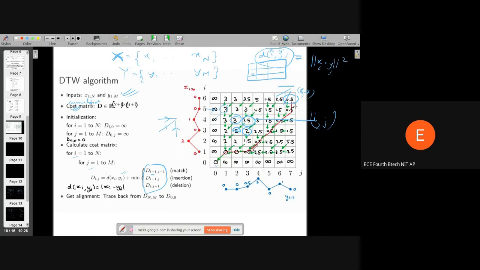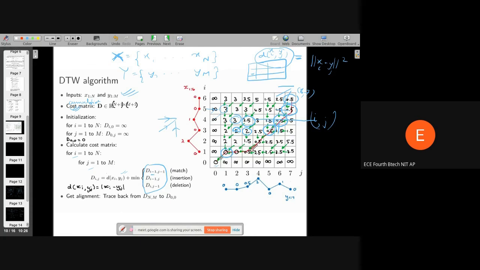Take the minimum. From here, look again at three different points. Which is the minimum? Once you reach this, which is the minimum? This. Again, like this, you come here. The algorithm ends here basically.